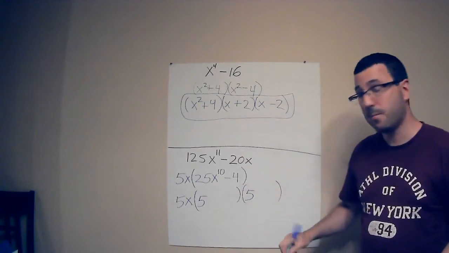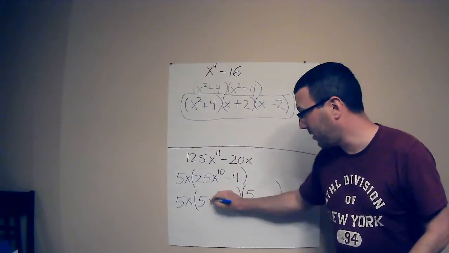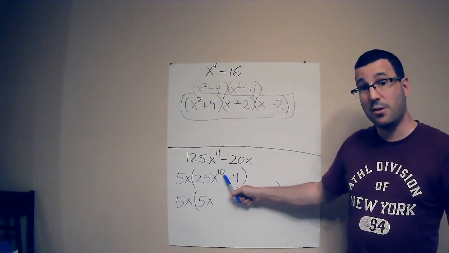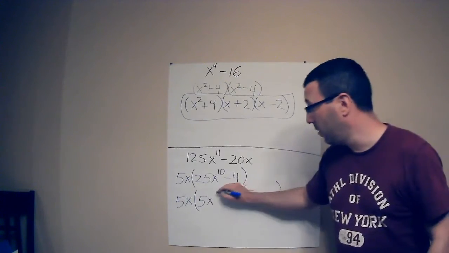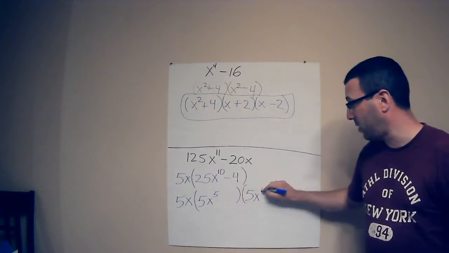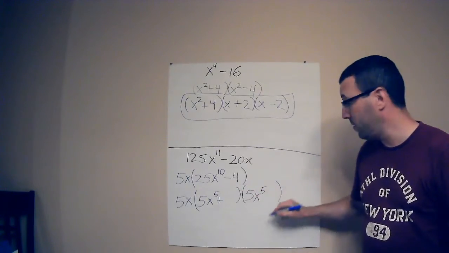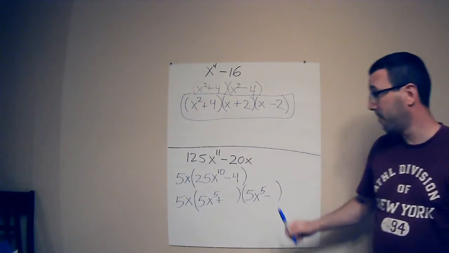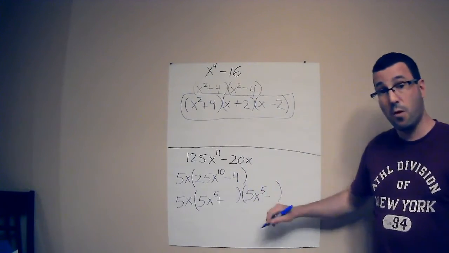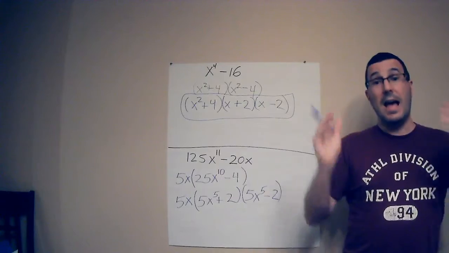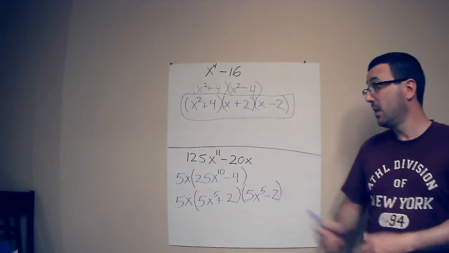Put that in both. I got my x term. 10 divided by 2 is 5, so my exponent on my x term is 5. Plus in one, minus in the other. Square root of 4 is 2.